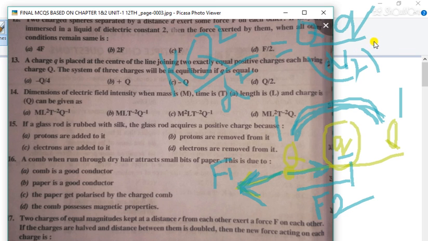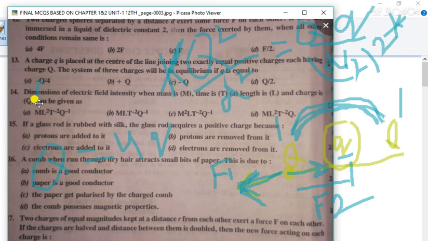K will also be there, so K cancels out, 1 Q will also cancel out. So after the calculation this q will be equal to, d will also cancel out, so it will be equal to Q by 4.